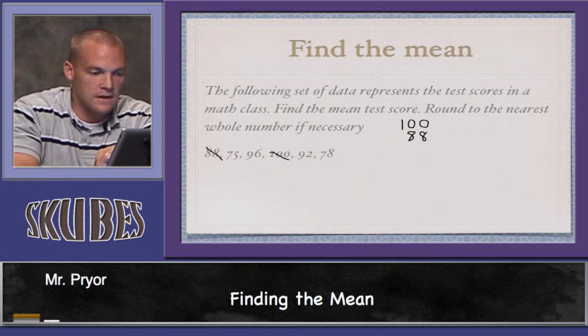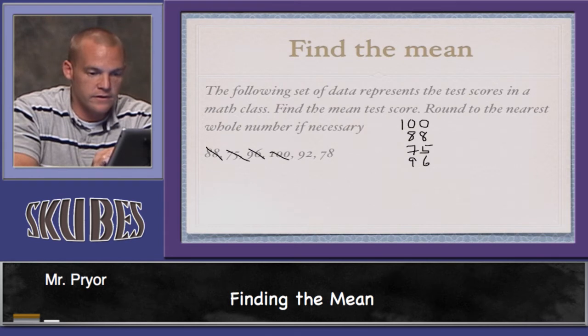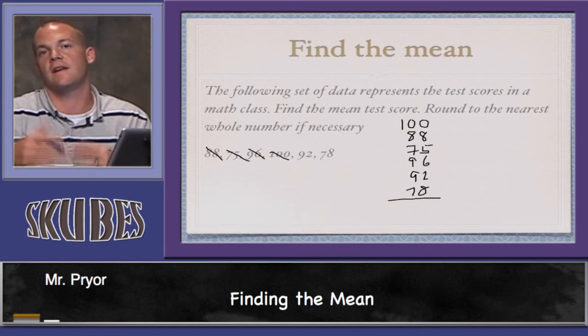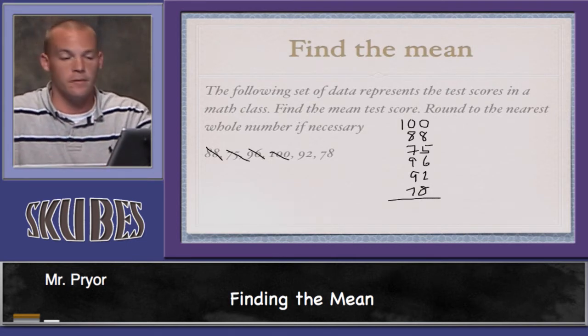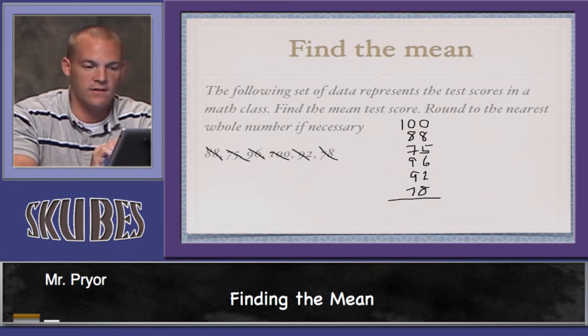I'm going to list these out and mark them off as I go so I don't double up, because when you're dealing with multiple data values, it is very easy to make a mistake and add one extra of a number. We're going to start here on the right side, 0 and 8.